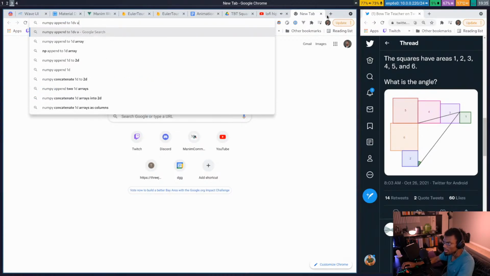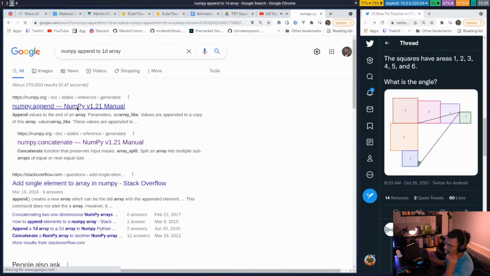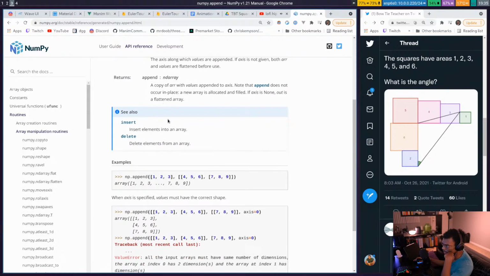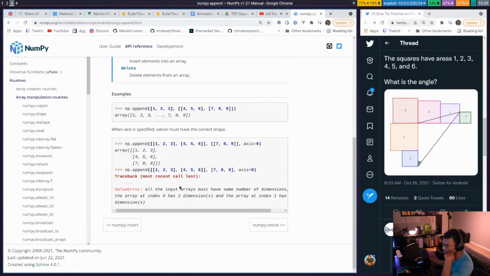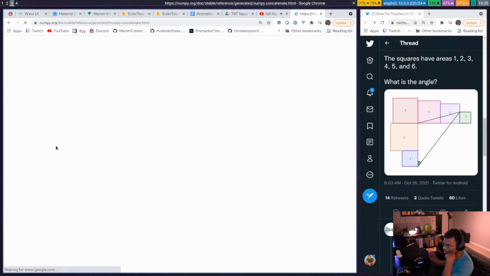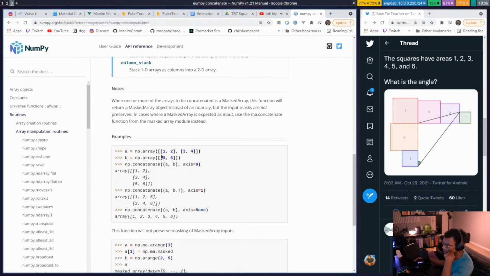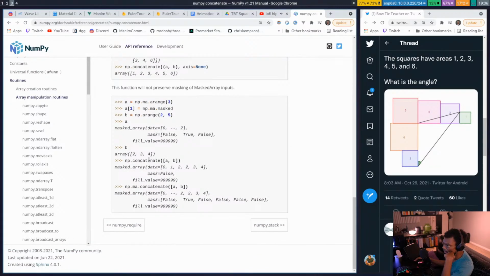To 1B array. Really, it just needs to be a function, like model to world or something like that. Like np.concatenate a b.